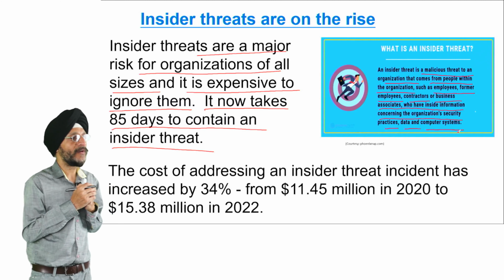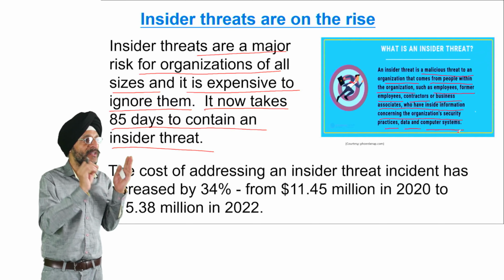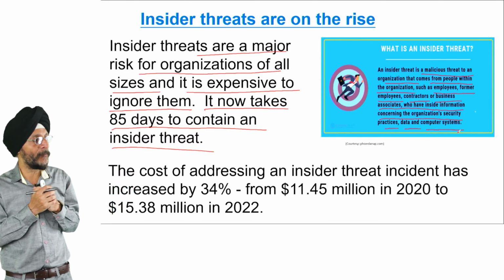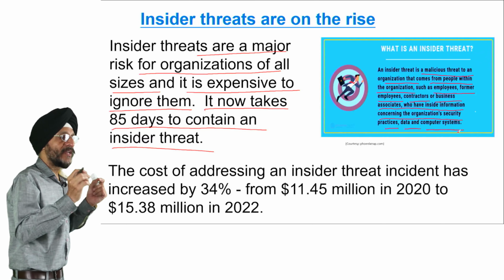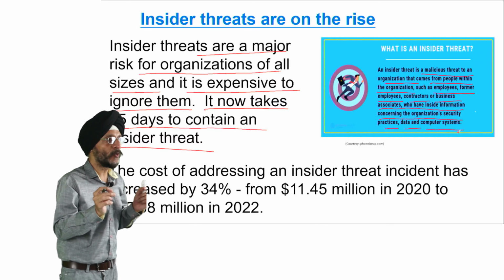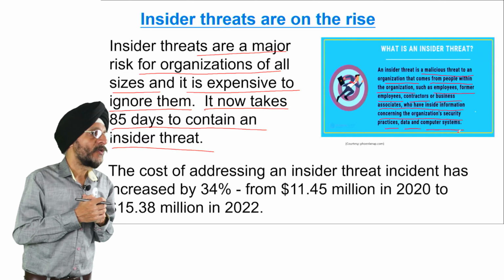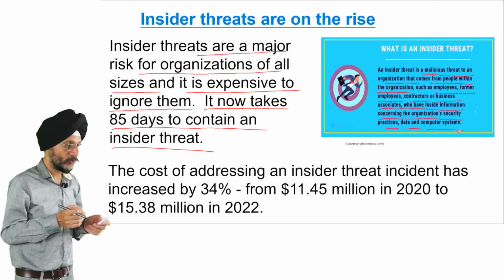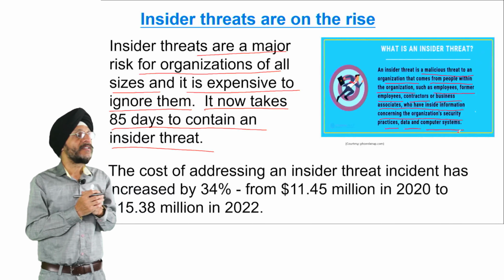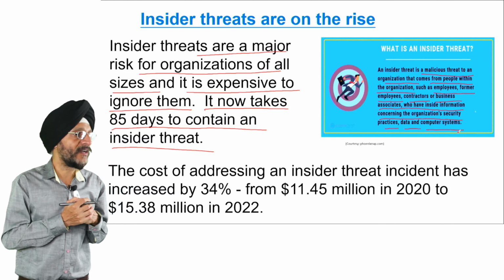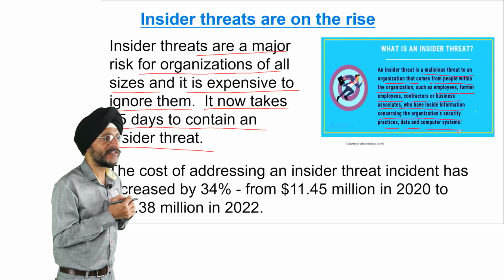The cost of addressing an insider threat incident has increased by 34% from $11.45 million in 2020 to $15.38 million in 2022.